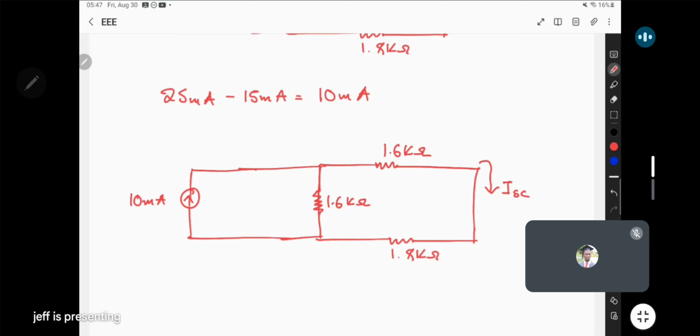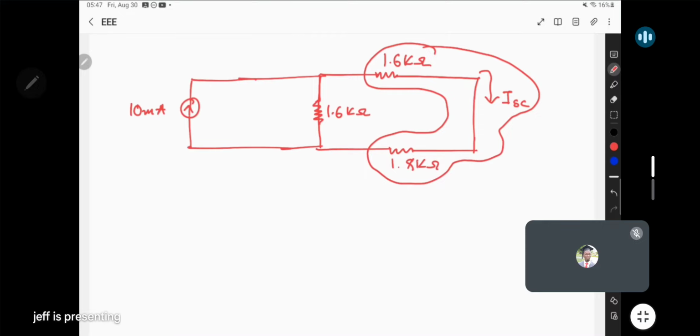Now we want to get I short circuit after reducing this to just one current source. Getting I short circuit becomes easy. There is no need for us to combine them because we are interested in understanding the current that will pass through there, which is the current that will pass through the 1.6 and the 1.8.